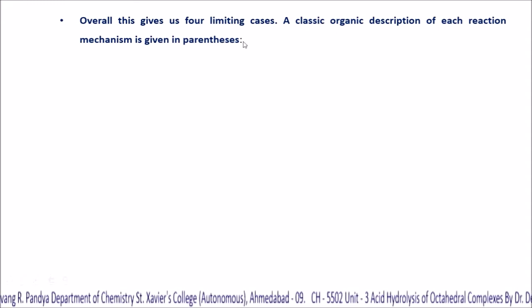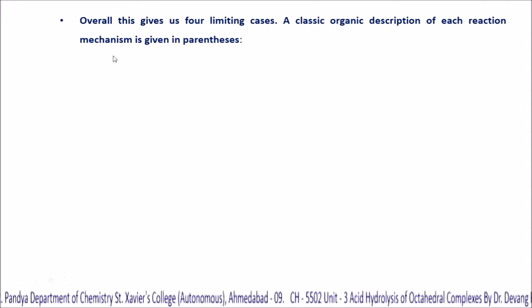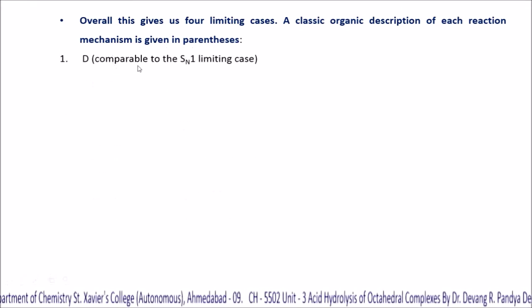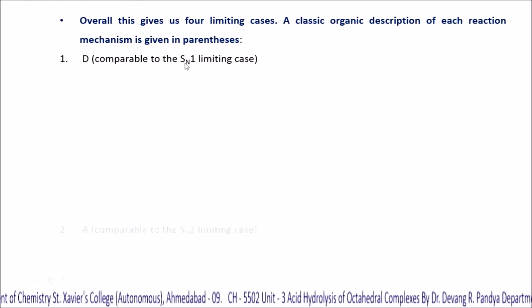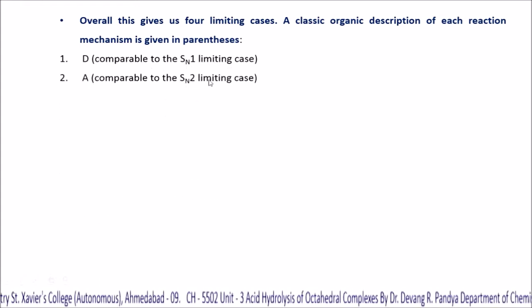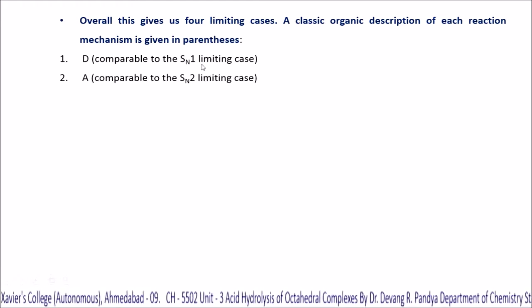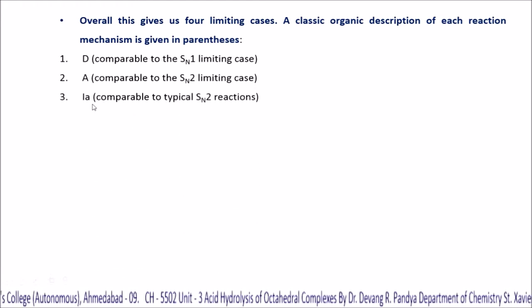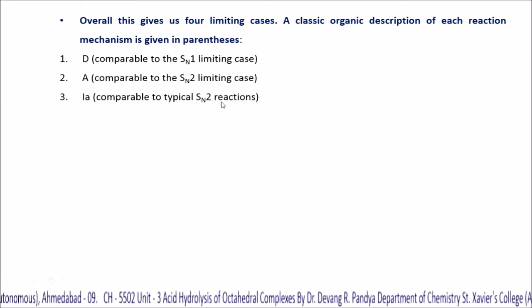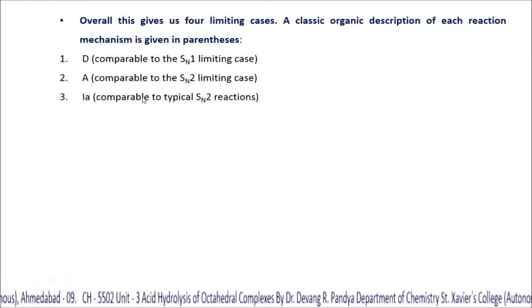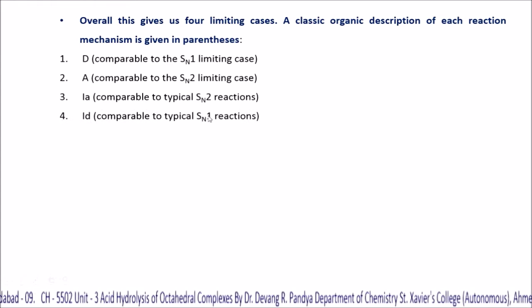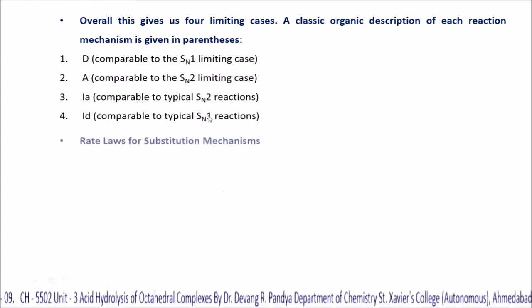A classic organic description of each reaction mechanism is given in parentheses. One is D, which is comparable to the SN1 limiting case. The other is A, which is comparable to the SN2 limiting case, compared with organic reactions. Ia is comparable to a typical SN2 kind of reaction, but there is no evidence of an intermediate, and Id is comparable to an SN1 reaction, but there is no evidence of an intermediate.